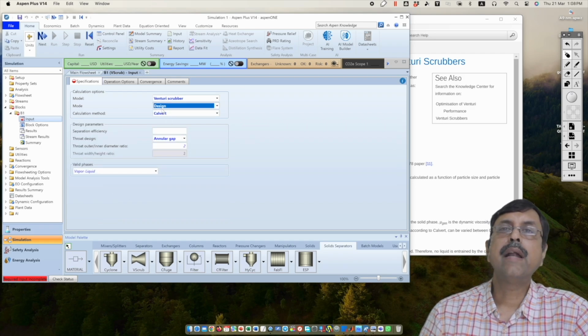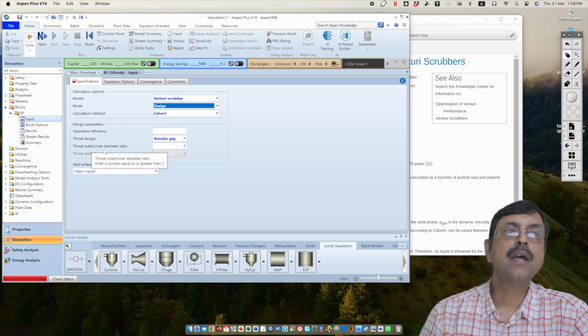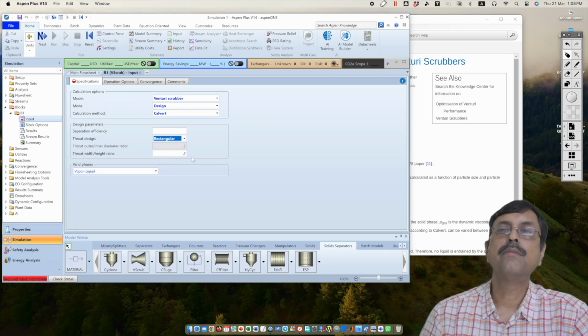And if you want to use the design mode with the culvert model, then in addition to the throat type and separation efficiency, you have to provide the throat outer by inner diameter ratio also. Or if it is a rectangular thing, then you have to give the throat width by height ratio.